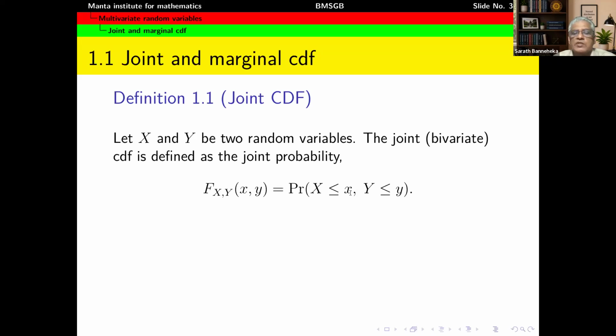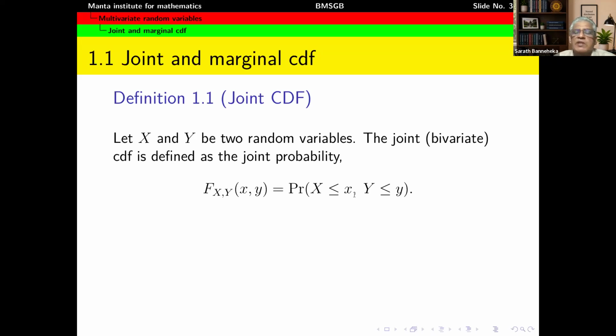By this comma, actually we mean the intersection here. This X less than or equal to simple x is an event. Capital Y less than or equal to simple y is an event. So what we are really looking at is the probability of the intersection of these two events.